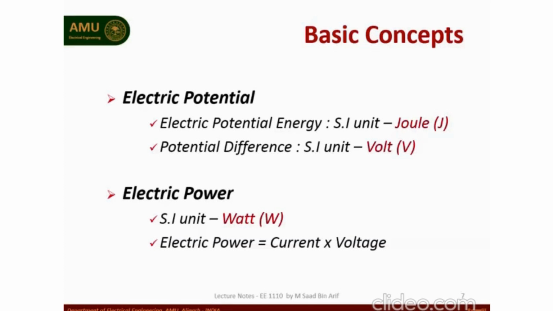During the lecture I also gave you a home exercise problem: you have to calculate the number of electrons required to form 1 coulomb of charge, and calculate the weight of those electrons. This is all about today's lecture. In the next lecture we will discuss the single phase AC circuit.